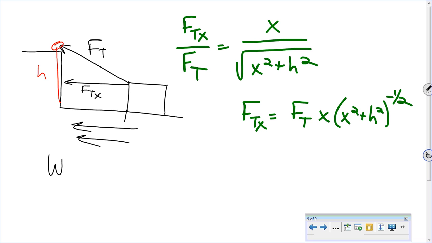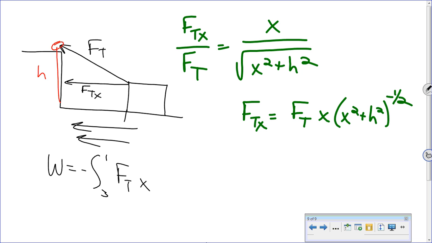So our work done is going to be the integral from a position of 3 to a position of 1, right? Of the force of tension in the x direction. I have to manufacture a negative sign to indicate that this force is also to the left, so I'm just going to stick a negative sign there. The other option is, instead of integrating from 3 to 1, to integrate from 1 to 3, and then get rid of the negative sign, and that works too.